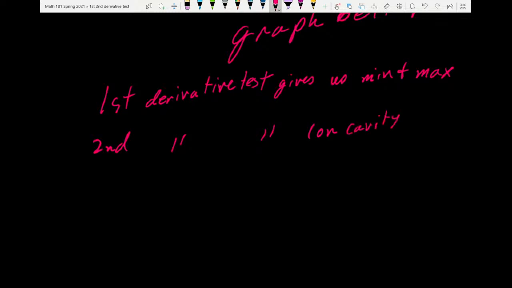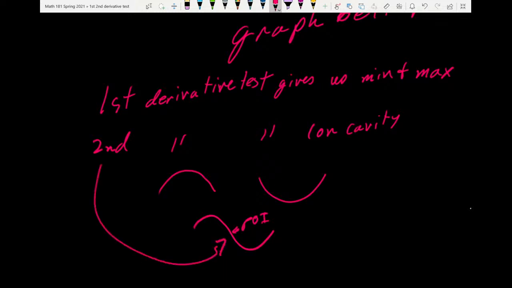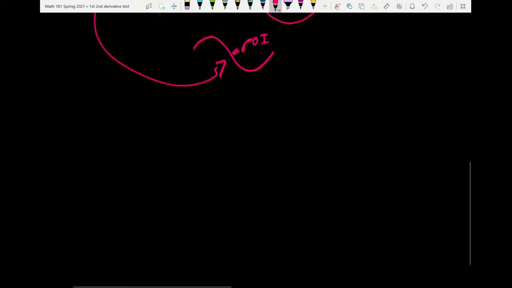That means concavity is whether we're looking at this type of curve or this type of curve. So if the concavity changes, that's where the POI is, the point of inflection, and that's what we use the second derivative test to find. So let's do some example.